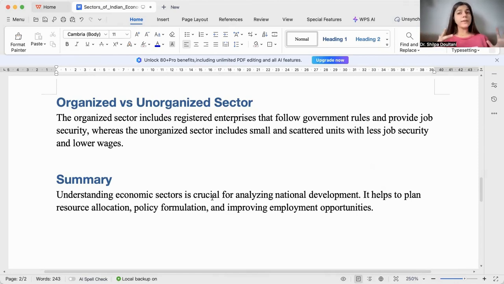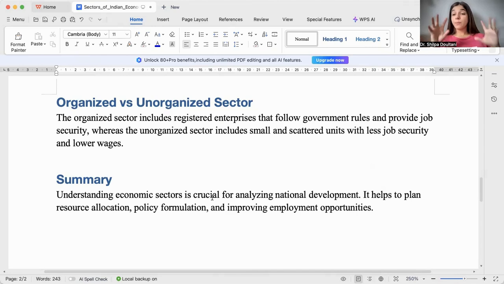Now, to cover the gist of what we understood: it's very crucial to understand how the sectors are divided for employment and for contribution to GDP, because through this we can understand and analyze national development. It helps to plan resource allocation, how much resource to give to which sector, so that they can contribute more to the country's GDP and economy, and that gives more employment.